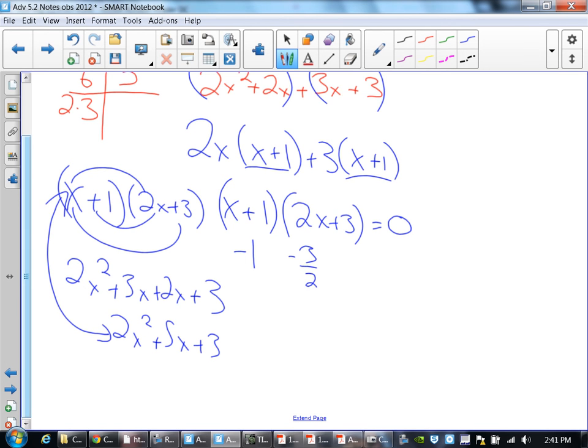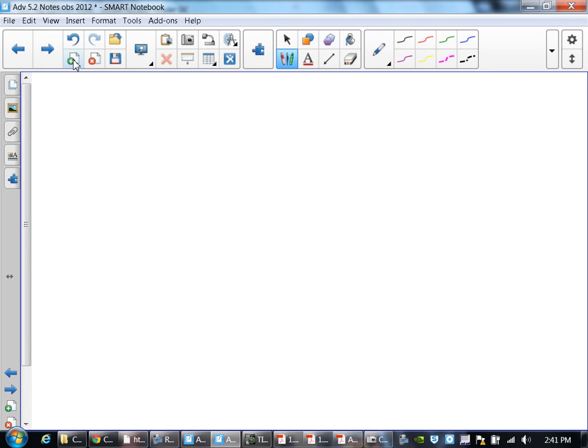What I want you guys to do tonight, we're on 2 sections. It's section 5.1 and section 5.2. In 5.1, I'm only going to have you do a couple of the graphs because it's just real fast ones.